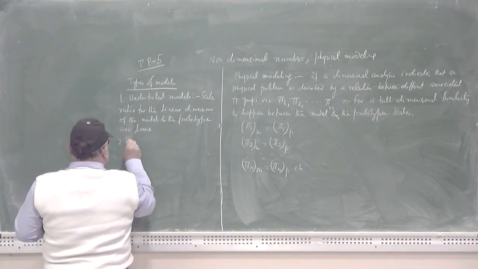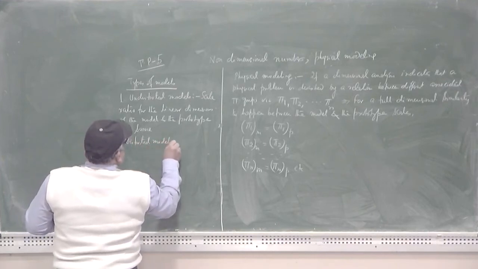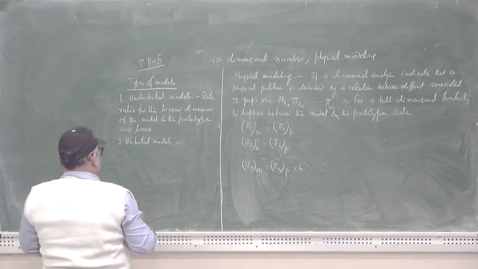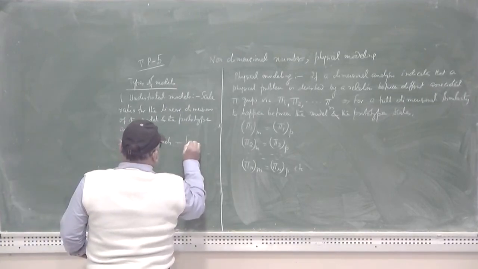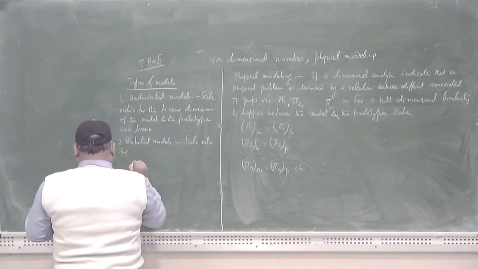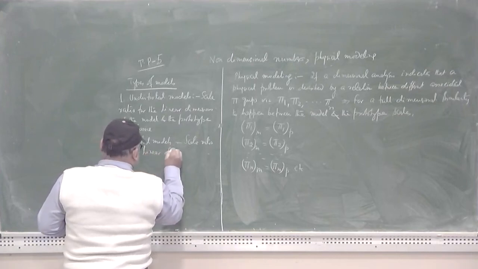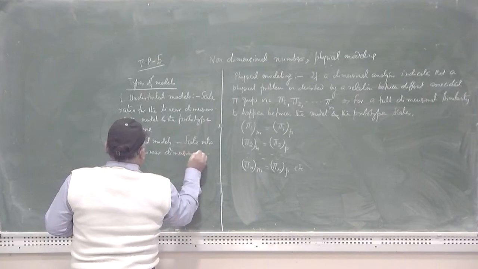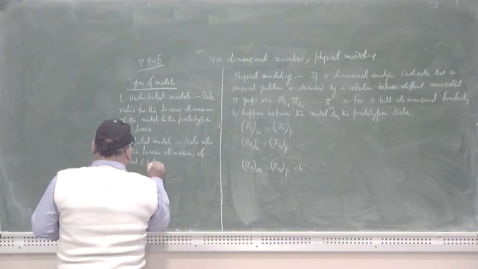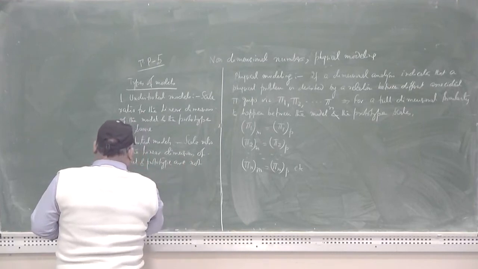Second one is the distorted models. In distorted models, the scale ratios for the linear dimensions of the model and prototype are not the same.